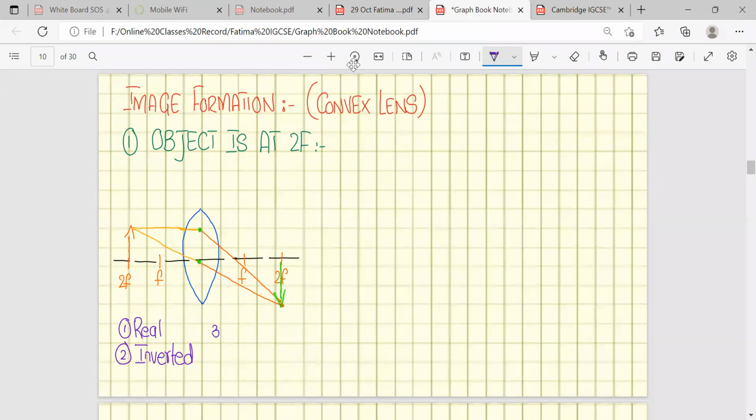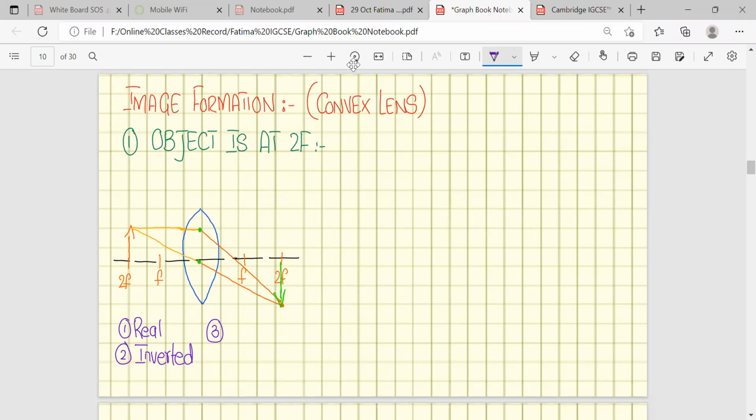And what will be the third point? If we discuss the size of an image, is the image highly magnified, small in size, or something else?